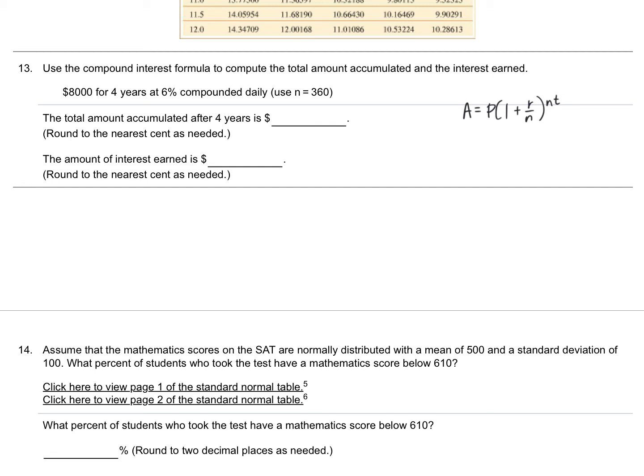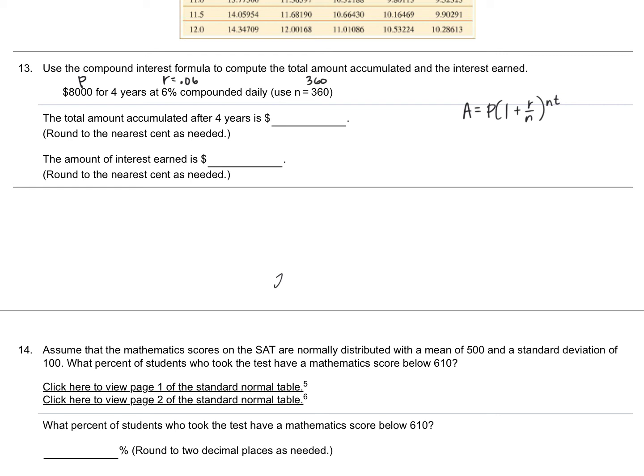So 8,000 is the principal. The r is the interest rate as a decimal, so 0.06. n is the number of times it's compounded. We're saying 360.